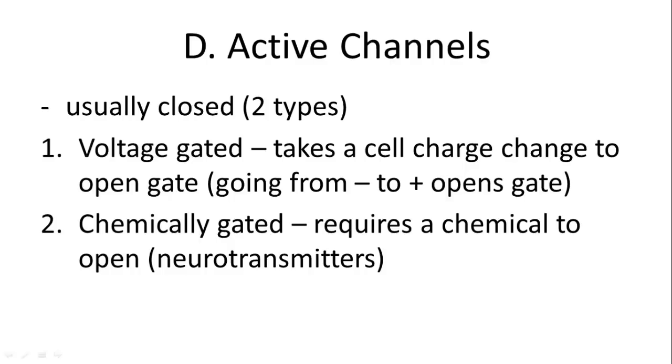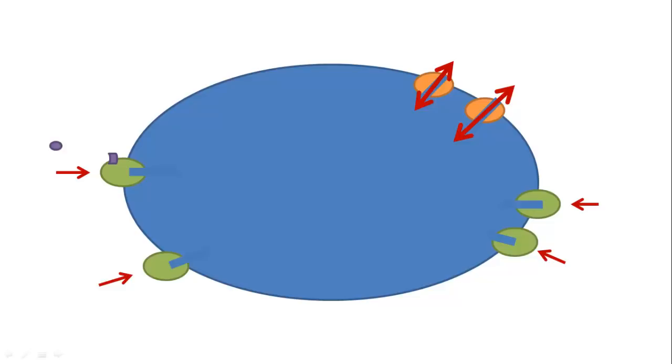And the chemical that opens the gate is called a neurotransmitter. Okay, so a neurotransmitter would then bind to this chemically gated channel that would then open and allow substances in.